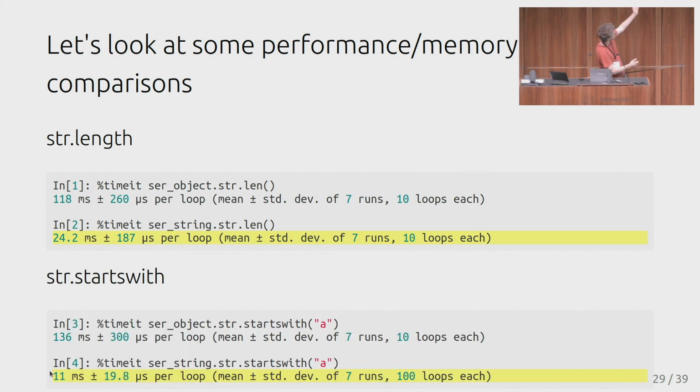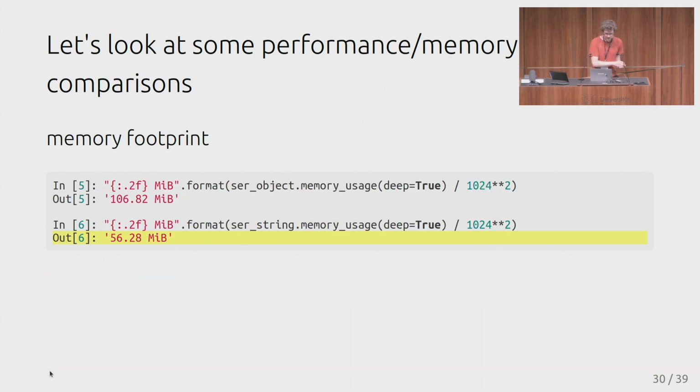In another case, using the starts with method to get a Boolean mask, it's a bit more than 10 times speed up. So you can get significant speed ups using those string methods from Pandas, while at the same time the memory needed to store that column can also decrease quite a bit.